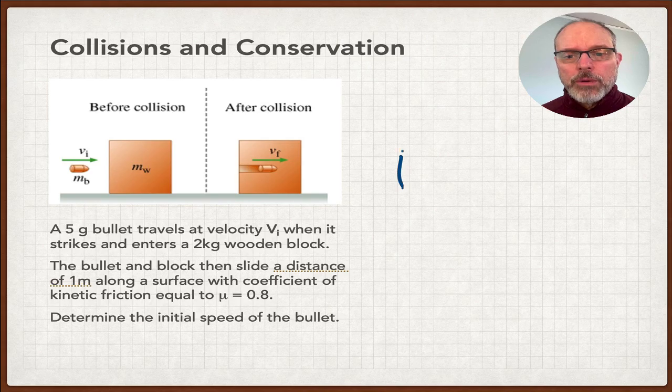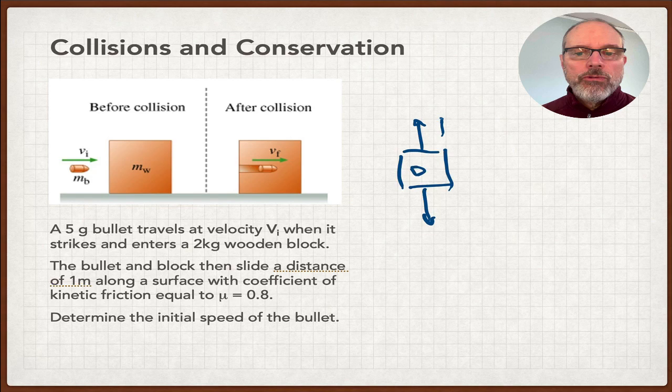What I'm going to start with, though, in solving this is to draw a picture of bullet and block together and whip out a quick free body diagram here. Force normal is equal to the mass of 2.005 times gravity, so let's call it 20.05 newtons.